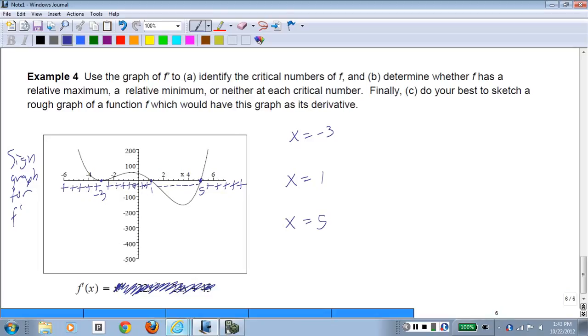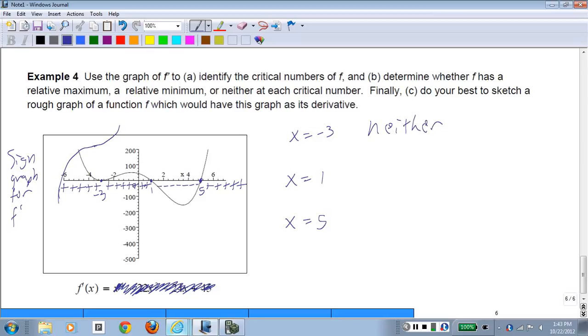There are a lot of different f's that would work here. Increasing, then a horizontal tangent line, then increasing on the other side. So neither. It does not have a relative minimum or a relative maximum.